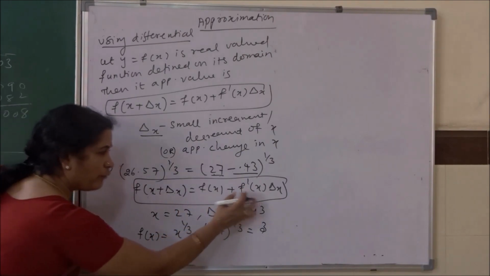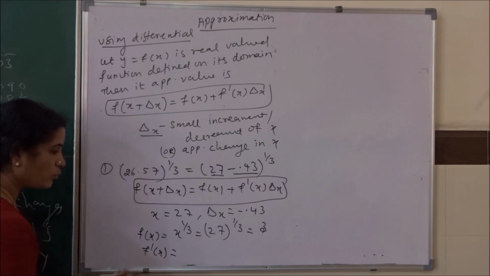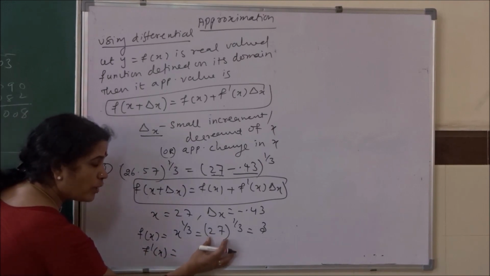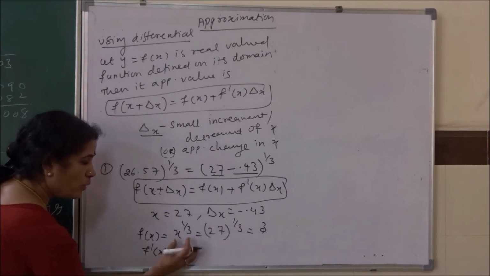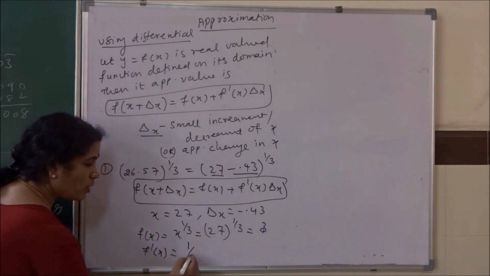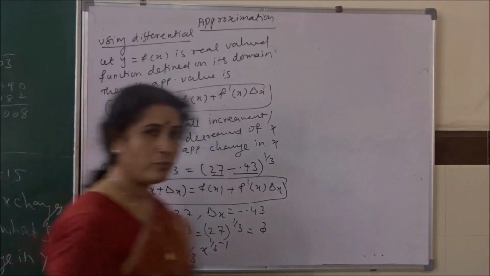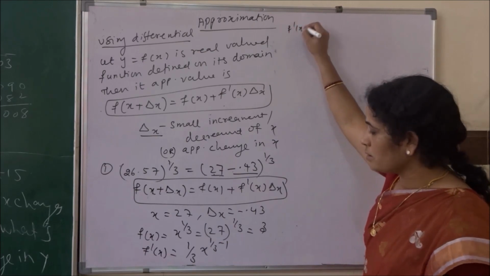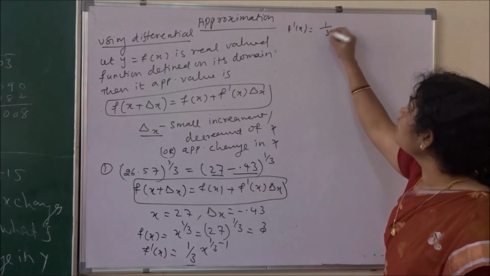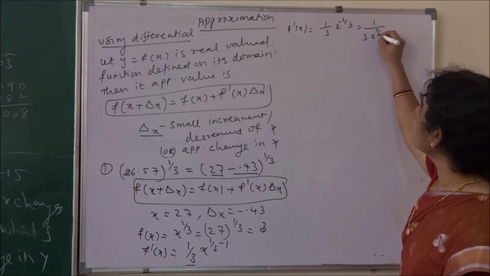Now what you need is f dash of x. f dash of x is equal to, now see, this is a constant, you cannot differentiate it, because it becomes 0. So you have to differentiate x power 1 by 3. That is 1 upon 3 into x power 1 by 3 minus 1. Simple differentiation, using the x power n formula. So f dash of x is 1 upon 3 into x power minus 2 by 3, that is 1 upon 3 into x power 2 by 3.